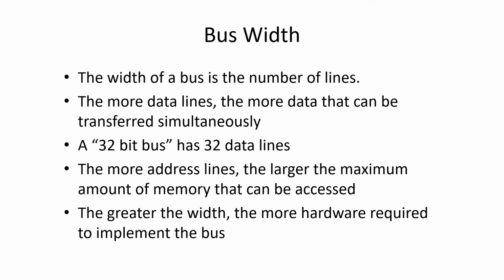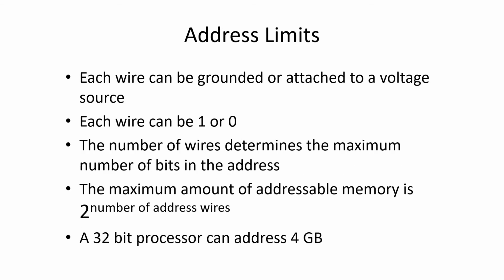You also have wires for the addresses. The more address lines you have, the more wires you have to address the memory. The number of address wires determines how much memory you can access.